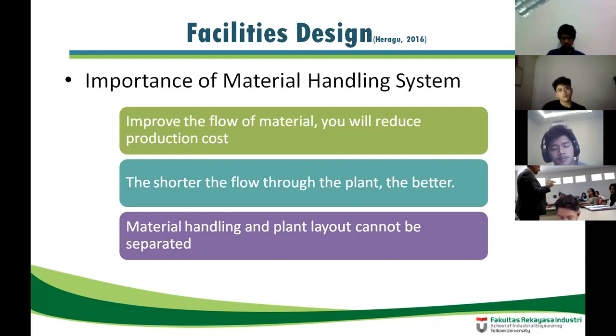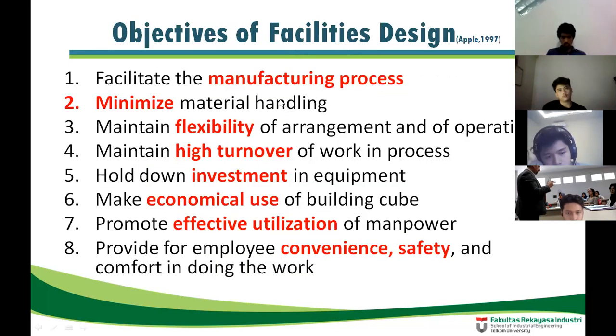So this is our concern, finding the right material handling system, finding the right movement, so it will make a good flow of material. A great flow of material will increase the target demand. So this is the objective of facility design.